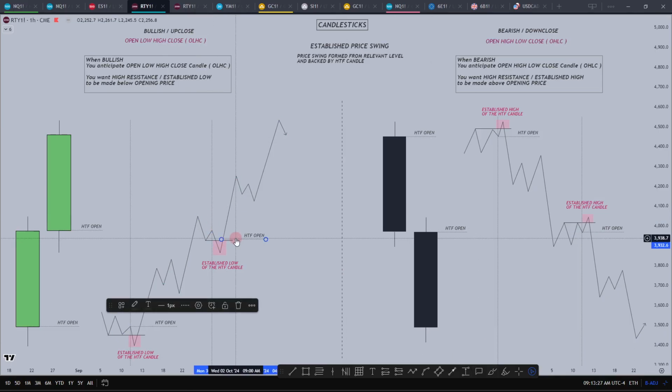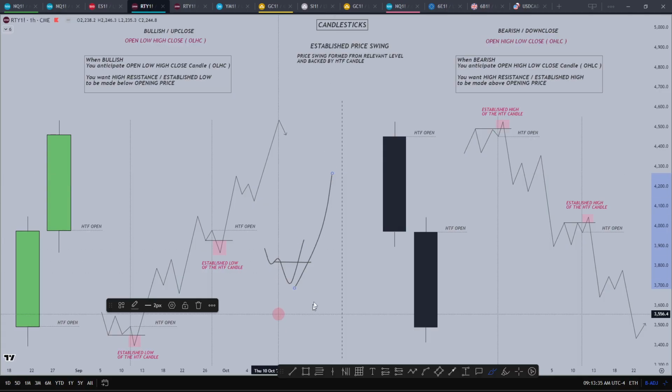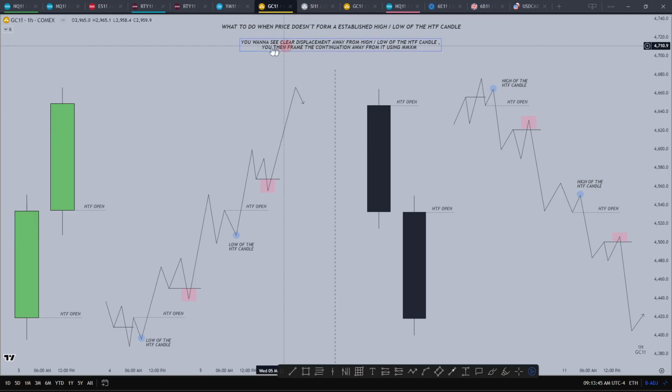Formation of an established low followed by a displacement away from it. Only after price displaces away, then you frame continuation legs, right? You will use the same logic here. Only after price displaces away from the high or low of the candle, be it unestablished as well, you then frame the continuation away from it using exam.